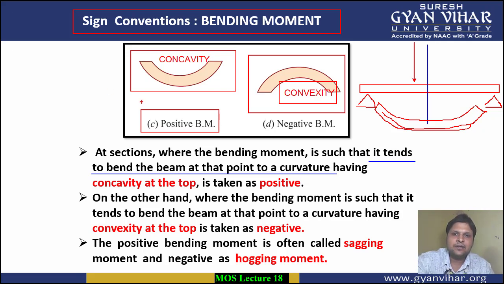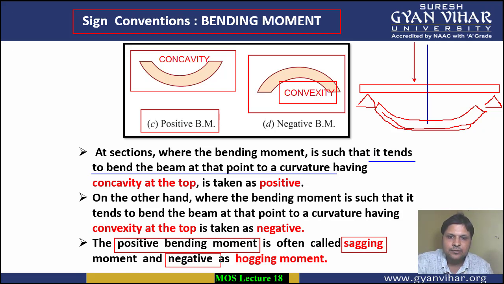One more thing to keep in mind is that positive bending moment is also known as sagging, and negative bending moment is also known as hogging.